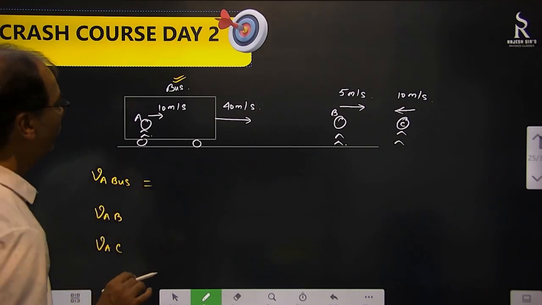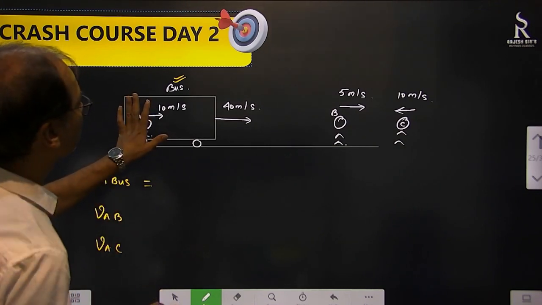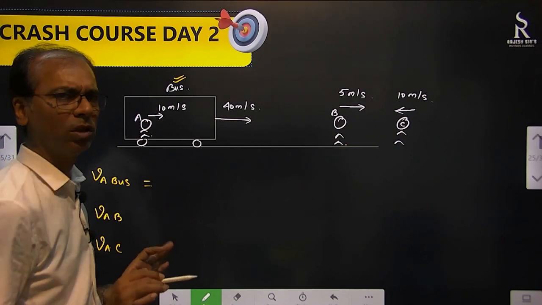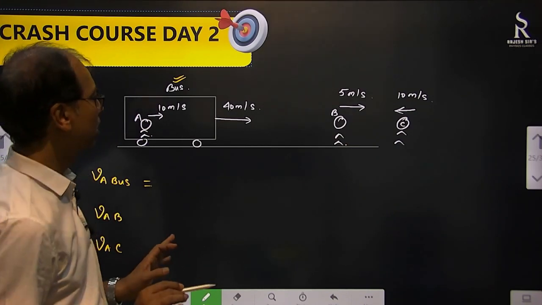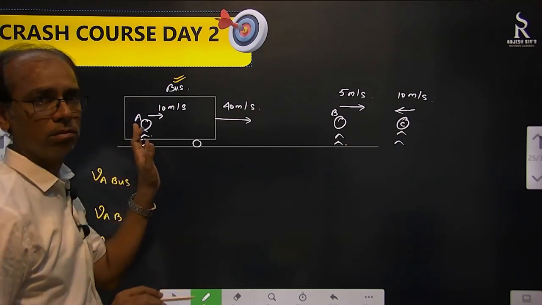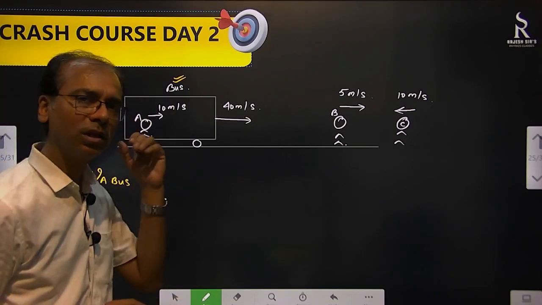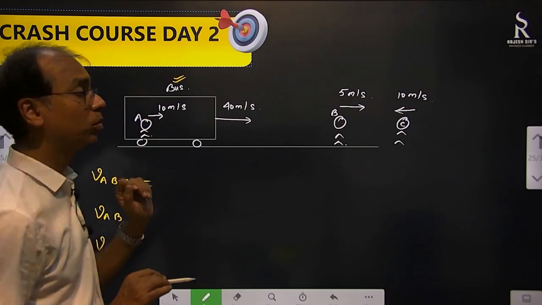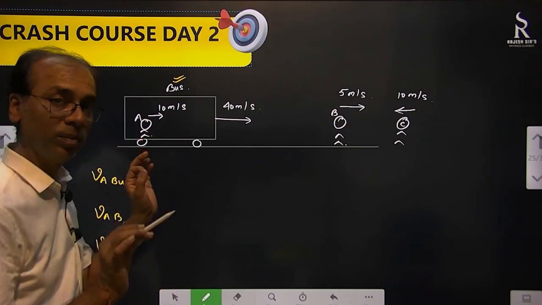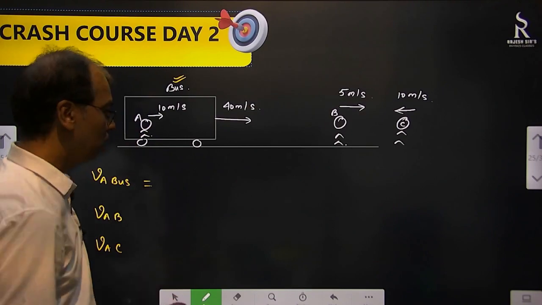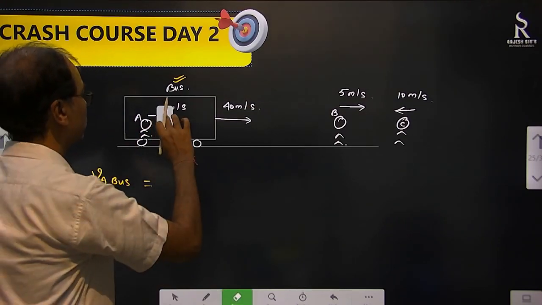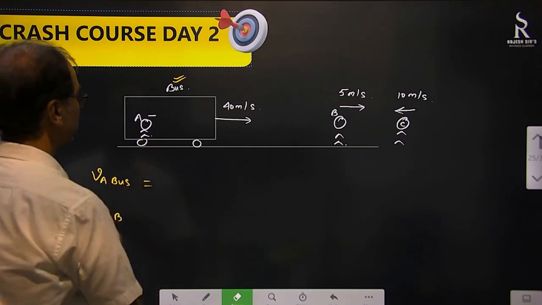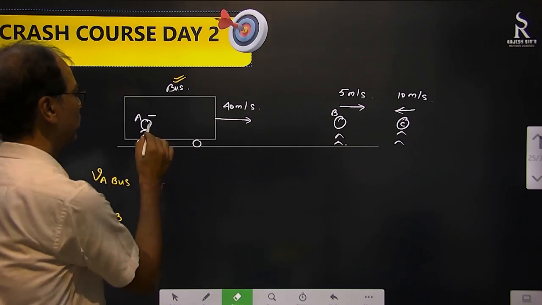So velocity of A with respect to the bus. Now suppose that this A is sitting in the bus, not moving. What will be A's velocity? 40 meter per second. Along with the bus, it's moving, no doubt. So velocity of A with respect to the bus, if he is sitting and not moving, will be 0. If I remove this, and A is sitting in the bus, what is velocity of A with respect to the bus? 0, because he is also moving with 40.